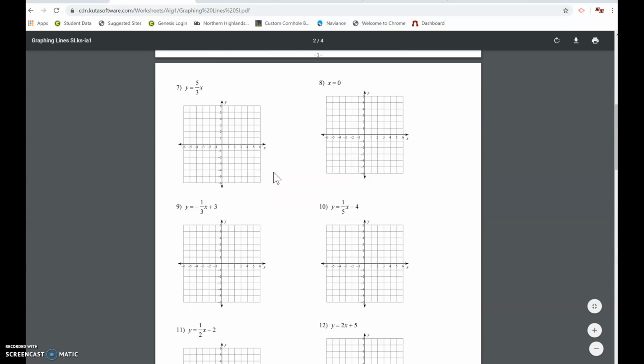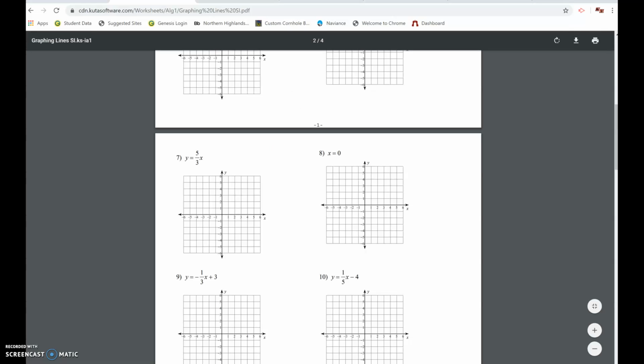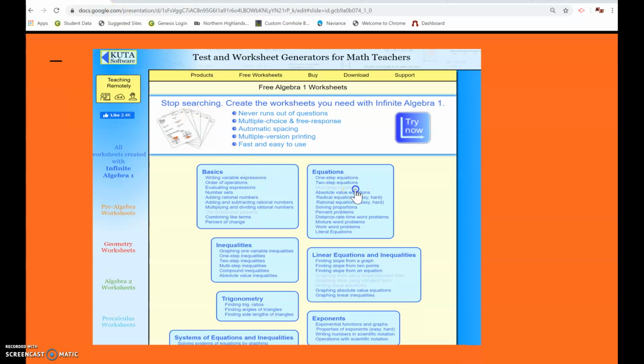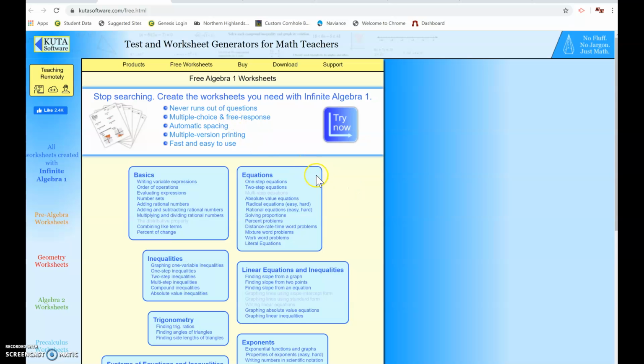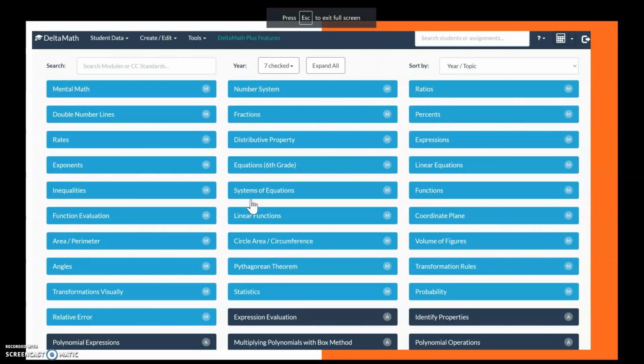And after CUDA Software, we're going to go to the Delta Math site for their homework assignment. And this is what Delta Math looks like, and you can see that there is a bunch of different units or lessons that we can access.